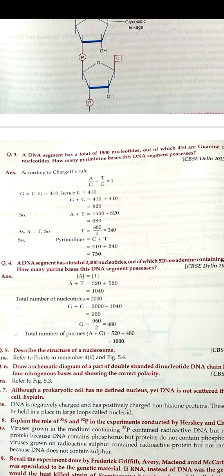How many pyrimidine bases does this DNA segment possess? So here we apply Chargaff's rule. According to Chargaff's rule, A/T equals G/C equals 1.